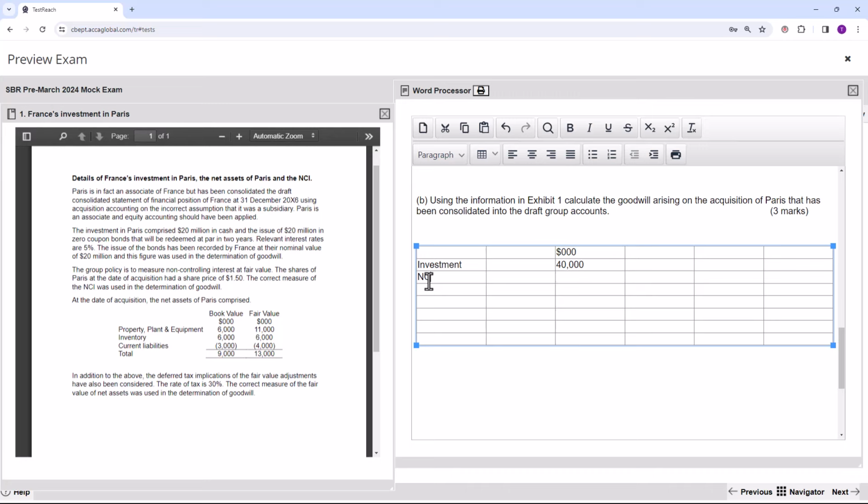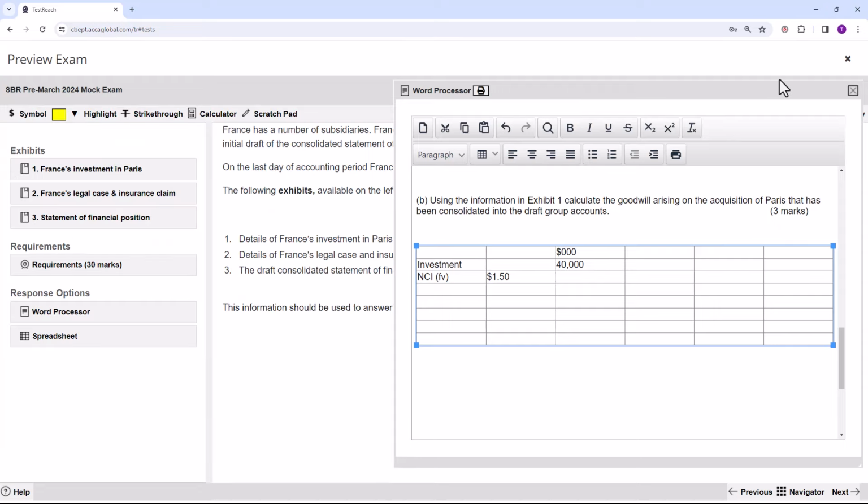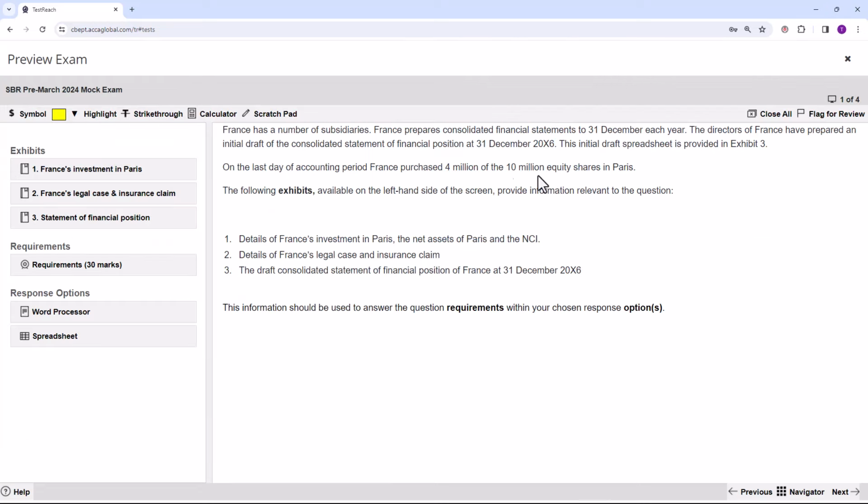The non-controlling interest is at fair value, and that means that we are using the share price. Now the share price of the sub was given to us at $1.50. Now we need to know how many shares are in the non-controlling interest.